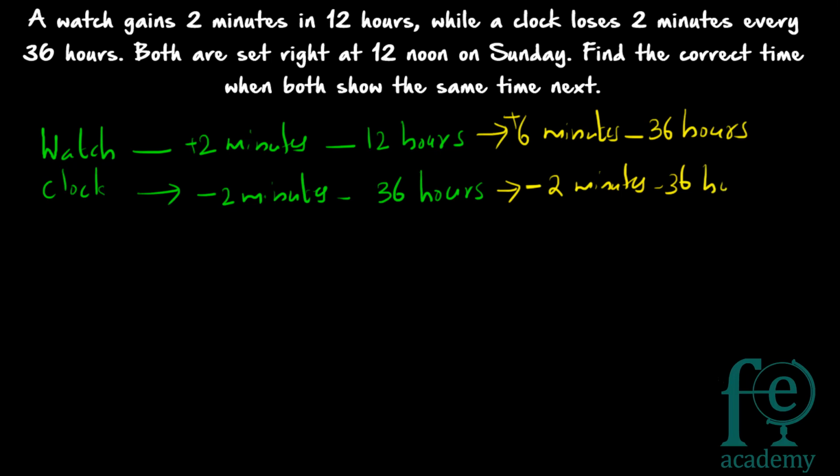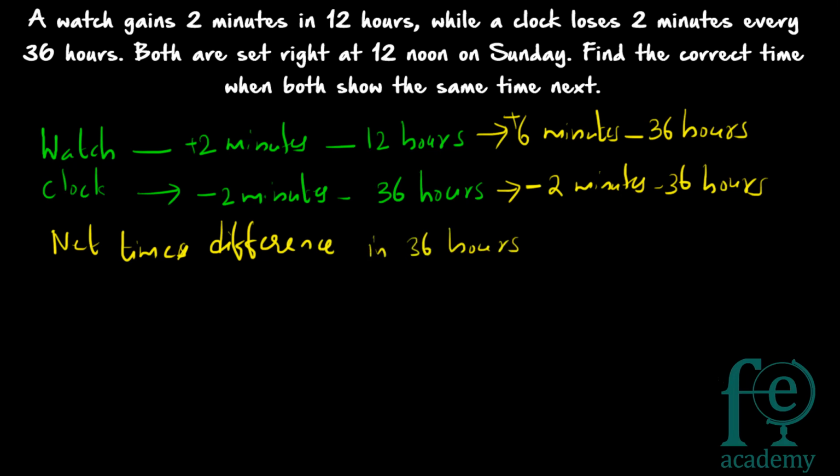The net time difference in 36 hours will be 6 plus 2, which gives you 8 minutes. So there is an 8 minutes time difference between the watch and the clock in every 36 hours.